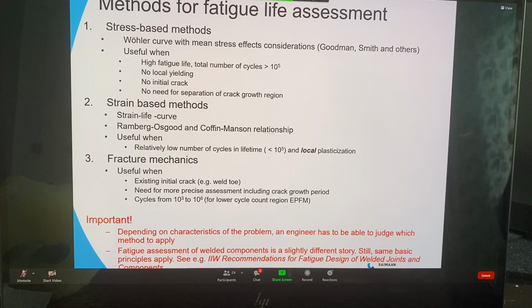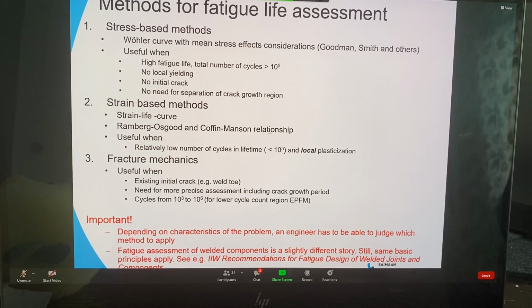And also it's useful when you don't specifically need to separate the crack growth or the time needed for crack growth. So you don't need to calculate precisely the exact number of cycles to failure. And 99% of the engineering cases can be covered by these. But there are also cases where you need something more.